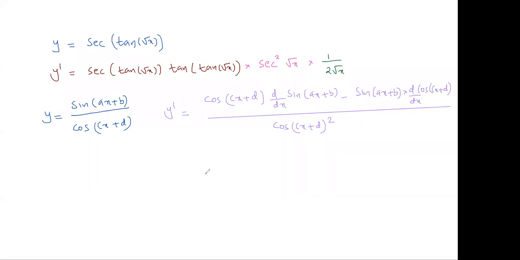So which is equal to cos cx plus d, उसमें से कुछ करने के लिए नहीं है, derivative of sin ax plus b. Derivative of sin x is cos x, so it is of the form sin t form.